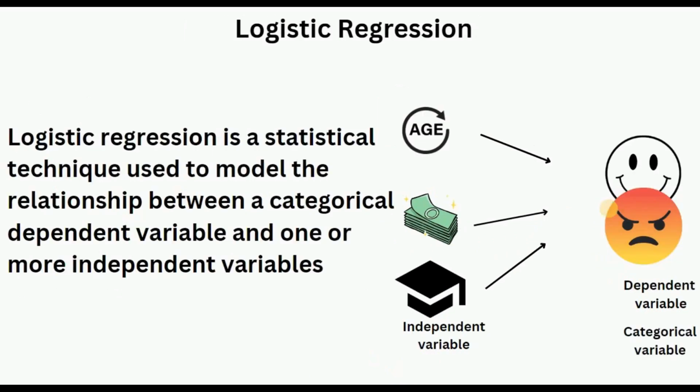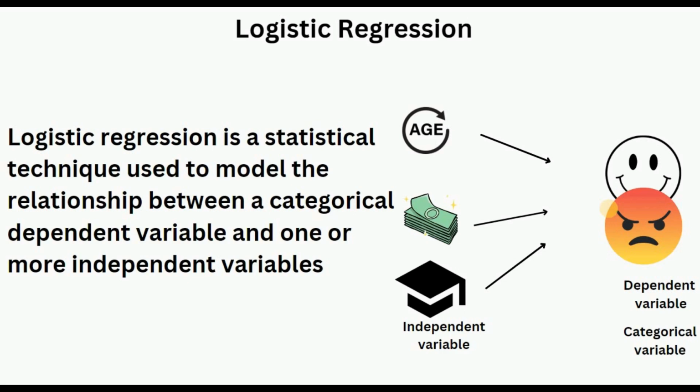Now logistic regression. Logistic regression is a statistical technique used to model the relation between a categorical dependent variable and one or more independent variables. There can be one or more independent variables, but our dependent variable is categorical. Like we have a customer with certain ages, salary and education, but we ask in categories whether they are satisfied or dissatisfied, how many customers are happy and how many are angry.